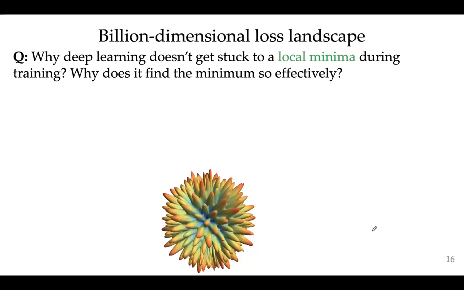Okay, here's an interesting question. Why doesn't deep learning get stuck in local minima during training? Why does it find the minimum so effectively?